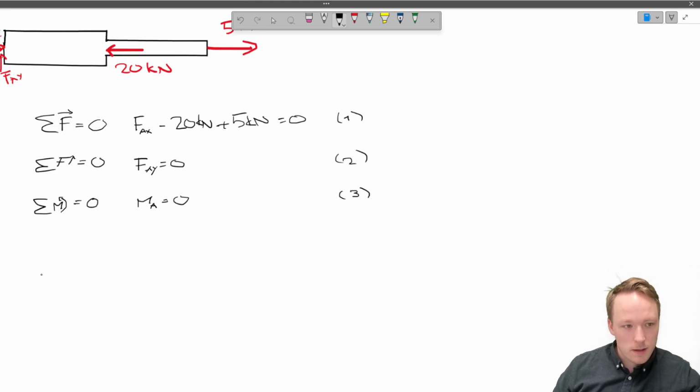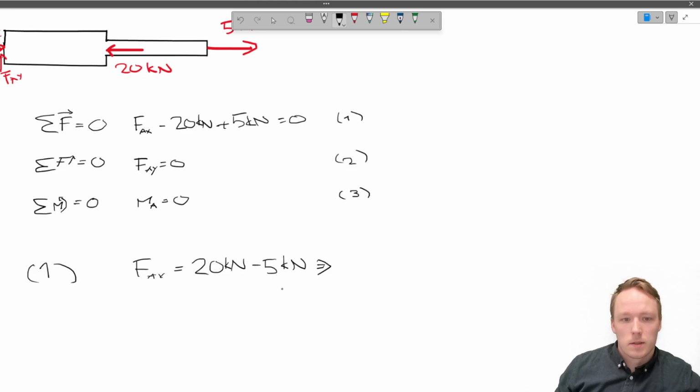I like to mark here that from equation 1 we solve that F_AX equals 20 kilonewtons minus 5 kilonewtons, which equals 15 kilonewtons.